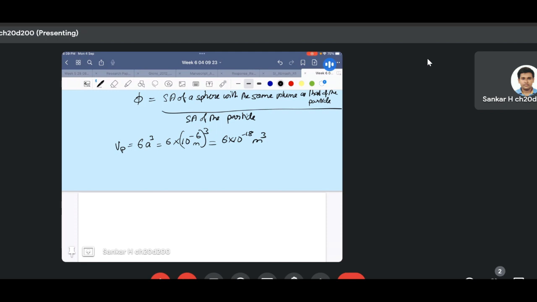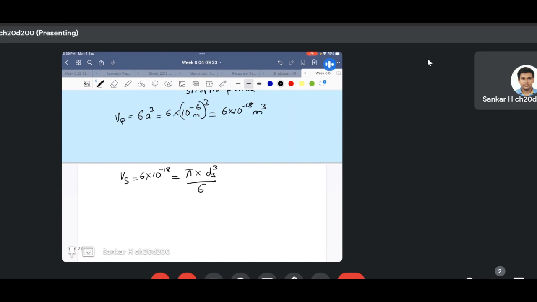Therefore, we find the volume of the sphere to be equal to 6 into 10 raised to minus 18, which is equal to pi times, let's call the diameter of the sphere ds, cube by 6. Therefore, before we finish doing the mathematics, we'll just write ds as cube root of 6 by pi times 6 into 10 raised to minus 18 meters.